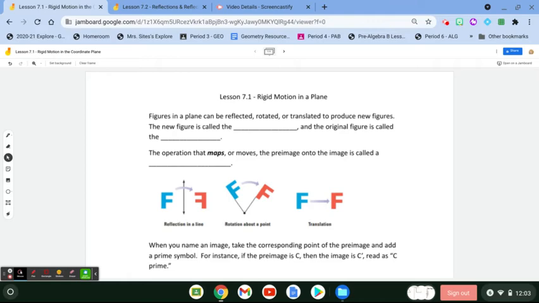The new figure is called the image, and the original figure is called the pre-image. The operation that maps or moves the pre-image onto the image is called a transformation.